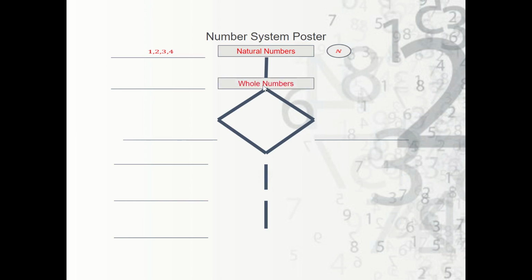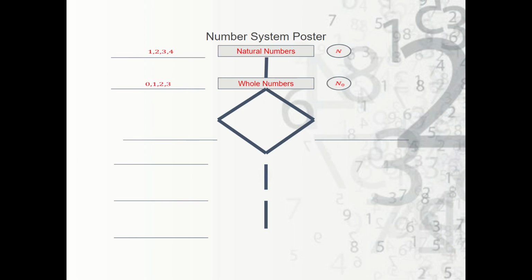And we call that whole numbers. Whole numbers are N with the little subscript of 0. So what that means is the natural numbers plus 0. We learned that there are natural numbers and then we learned there's 0. So examples of this would be 0, 1, 2, 3, 4, 5, etc.